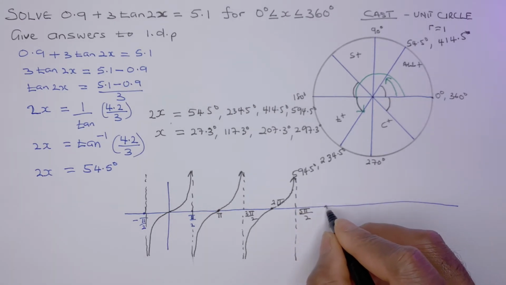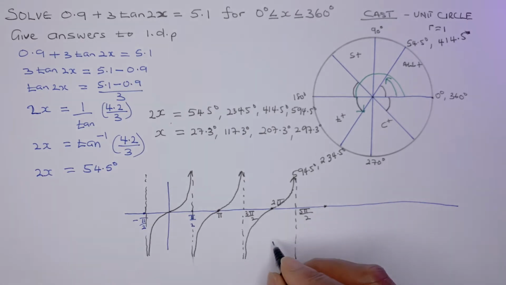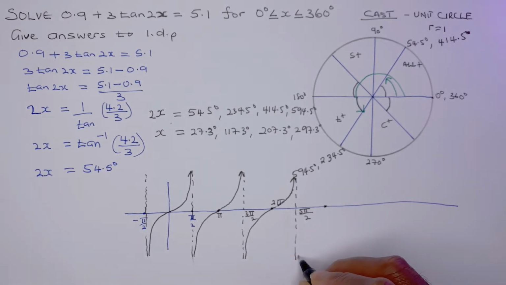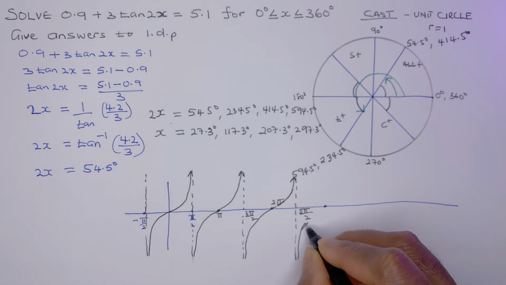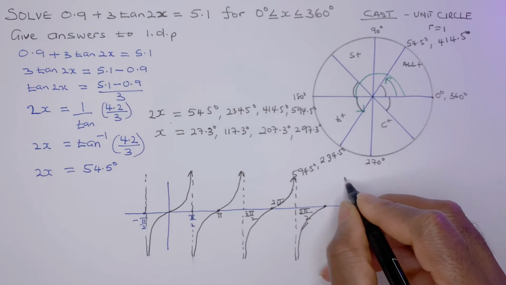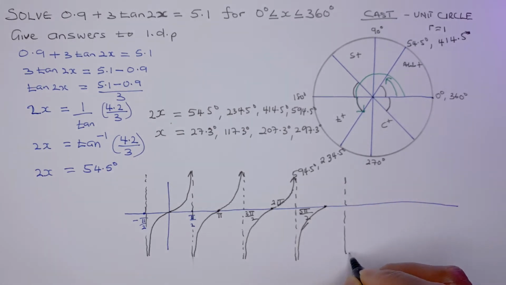Then the next one goes to, so that's 2 pi, so that's going to be 3 pi, right? So it goes all the way to 3 pi. And then the next one goes along. So each is a pi. That's a pi, pi, pi. So it's repeating every pi.